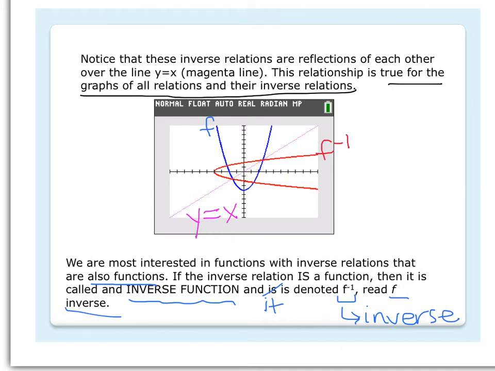The definition of a function is that it has a graph that passes the vertical line test. If you look at the blue graph, which is a parabola, it does pass the vertical line test. However, the red graph, the inverse, does not pass the vertical line test. So we can say f of negative 1 is not a function.